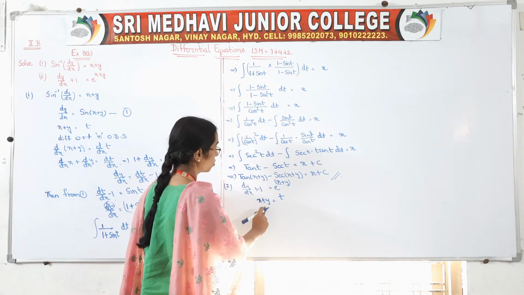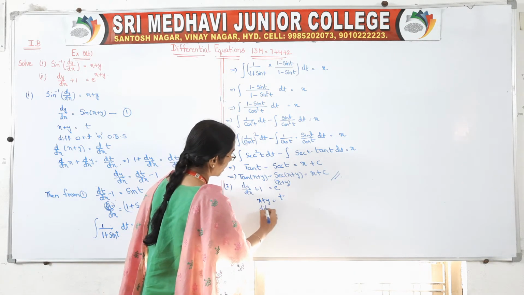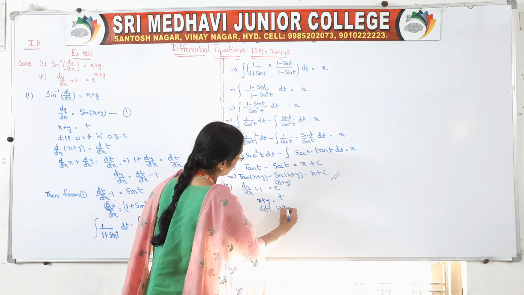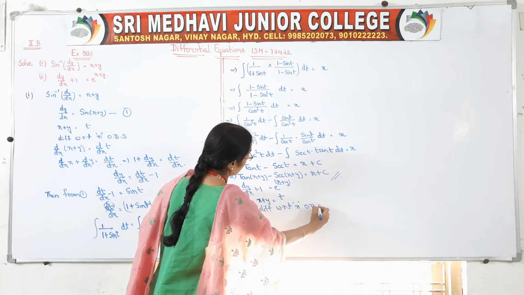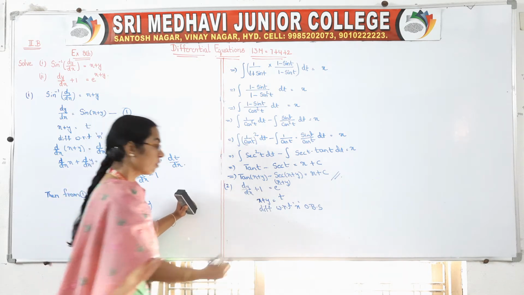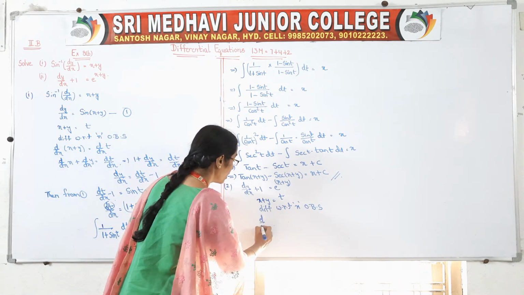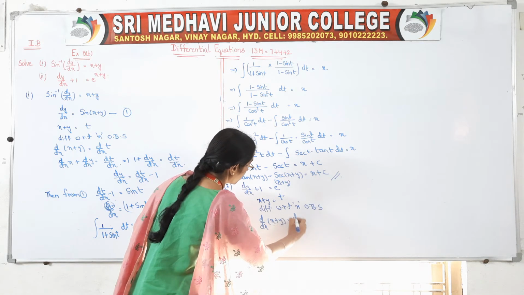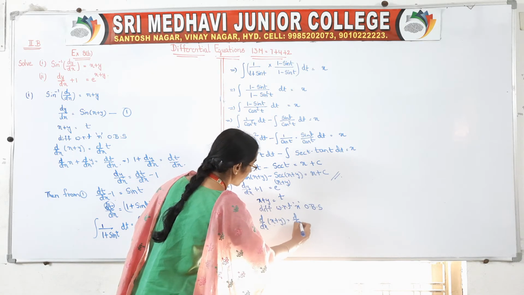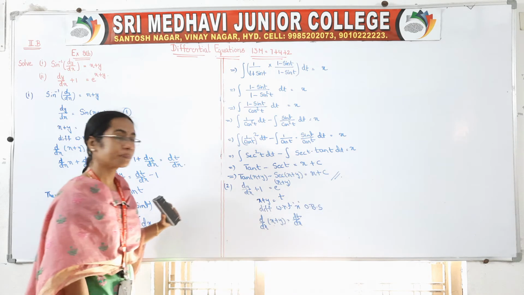Differentiating with respect to x on both sides. Then what happens? d by dx of x plus y is equal to d by dx of t.